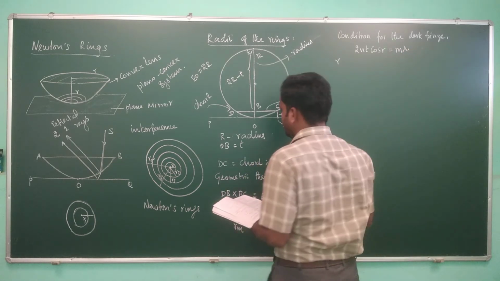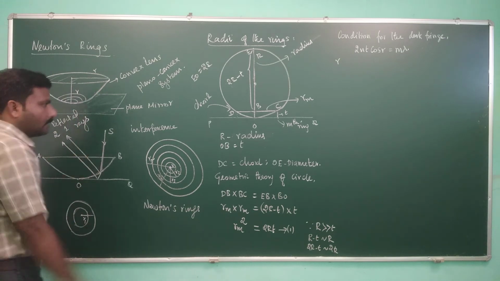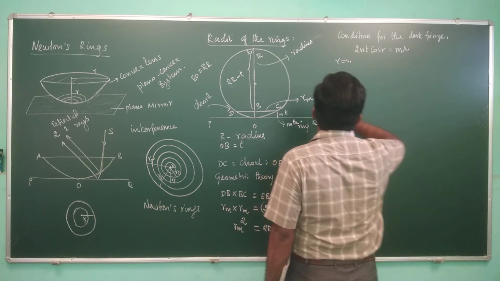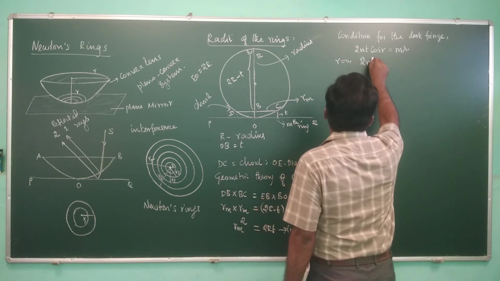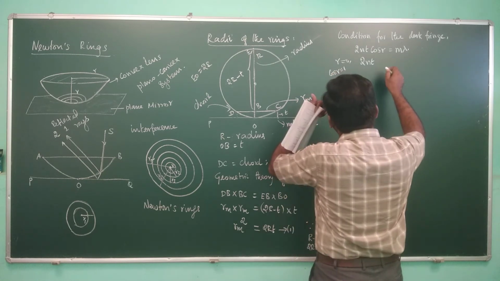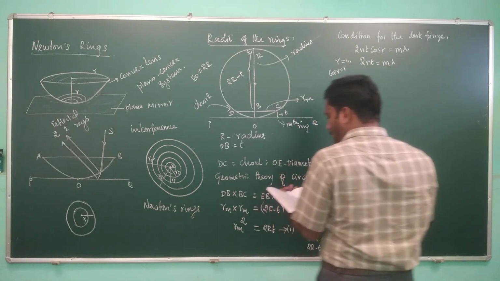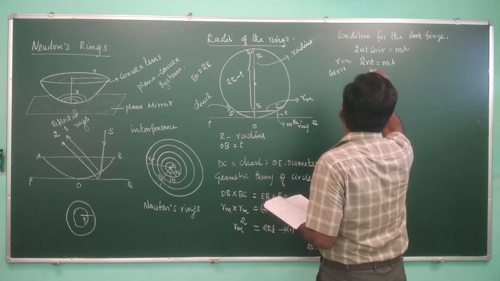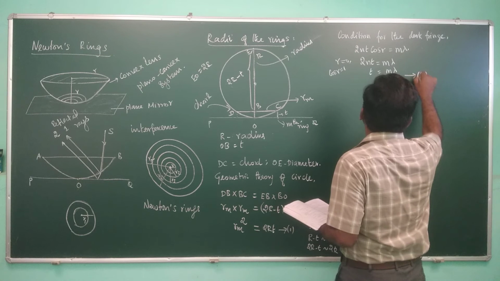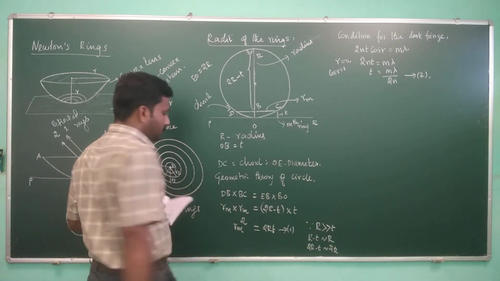In our case, if the light is made to incident on the Plano convex system perpendicularly, then r equal to 0, so cos r becomes 1, so that 2nt equal to m lambda, so that t becomes m lambda by 2n. It is equation number 2.